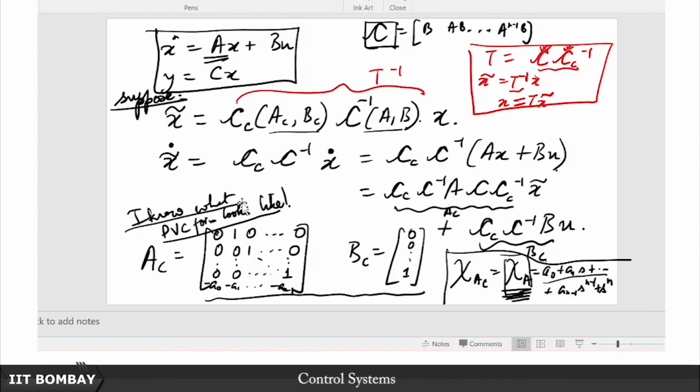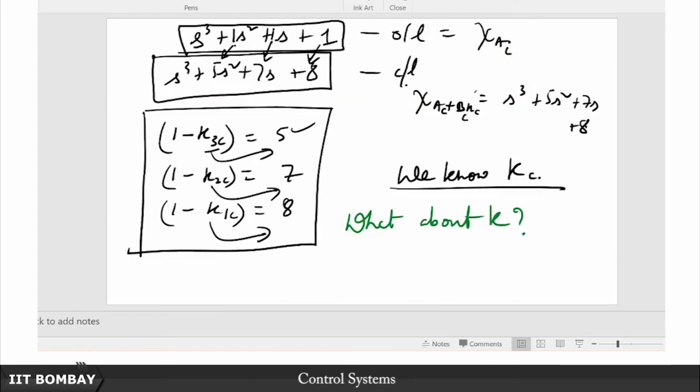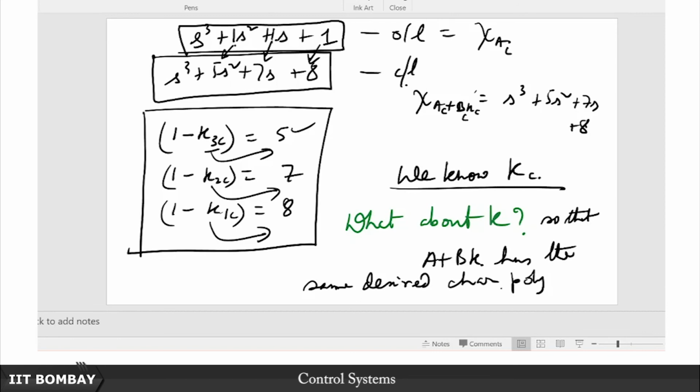Remember, eventually my realization is not in the controller canonical form, the realization is in the form of A, B, C. So I need to find out, in my original realization, what should be my K matrix, the gain matrix, so that A plus BK has the same desired characteristic polynomial.